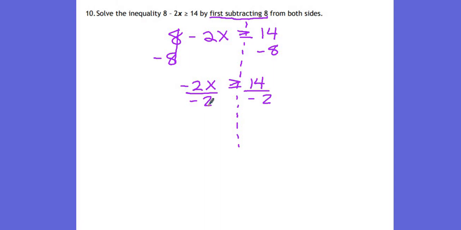What does my trick on number 9 say I have to do? It changes. The inequality sign has to be flipped. So I have to flip the inequality sign because I divided by a negative. This cancels out. 14 divided by negative 2 is negative 7. Is X by itself? Yes.